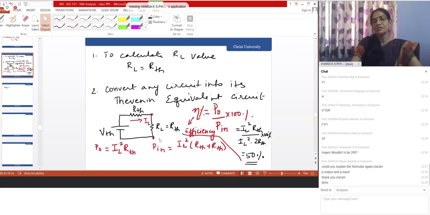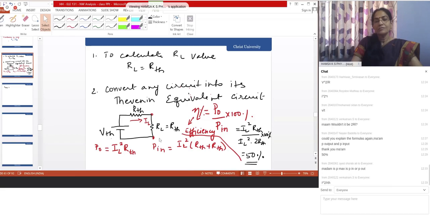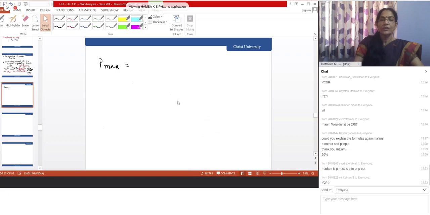VTH, RTH by RTH. Here again, you can use any equation. VTH is already available, right? So VTH squared divided by.